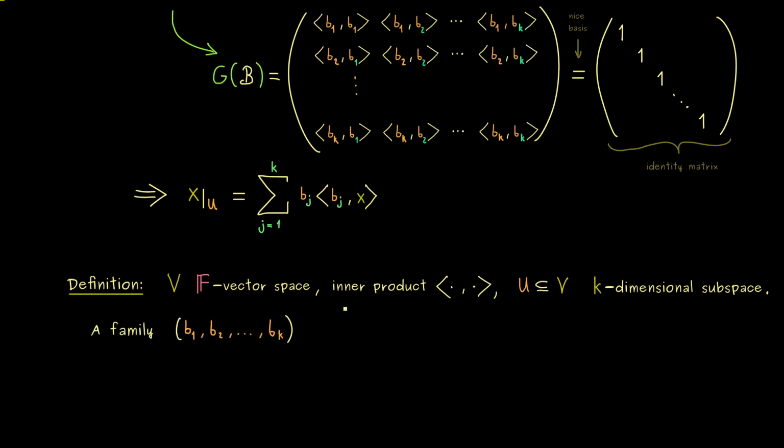So here we just take a family of vectors from the subspace U, and as before, let's simply call them b_j again. And then we have different names for this family depending on what it fulfills. The first notion is just orthogonal system, in short OS. And as the name suggests, there we just need that the inner product vanishes.